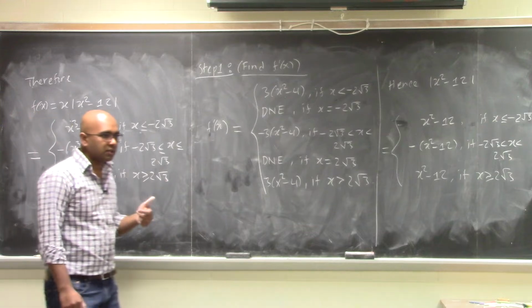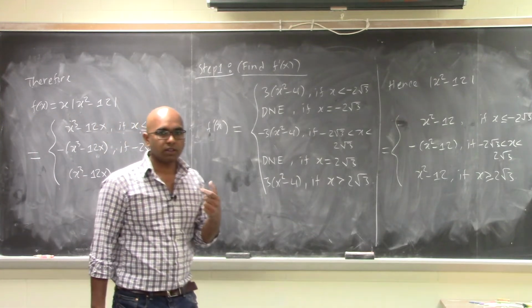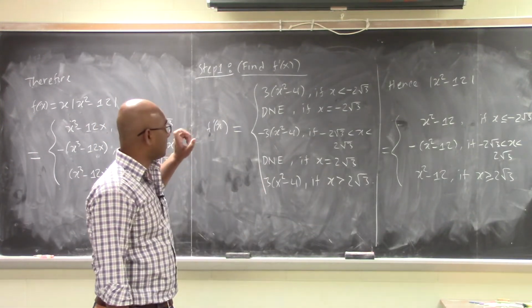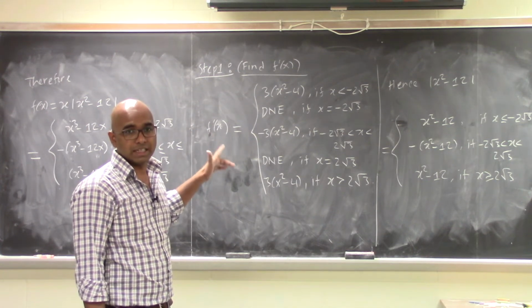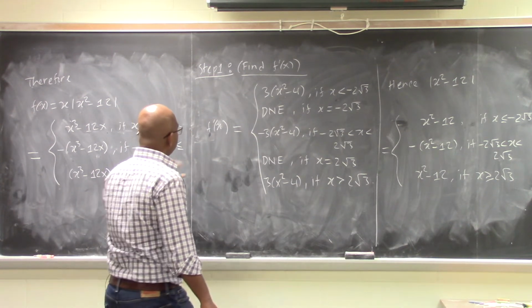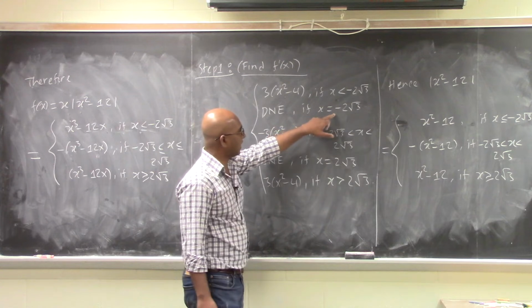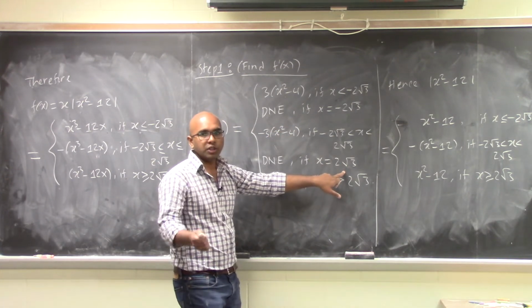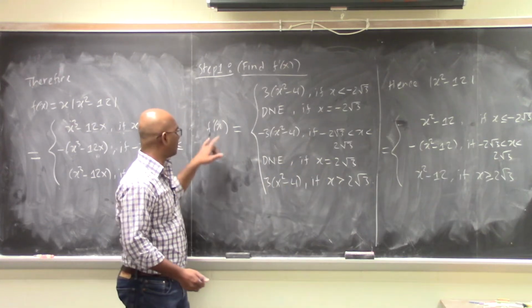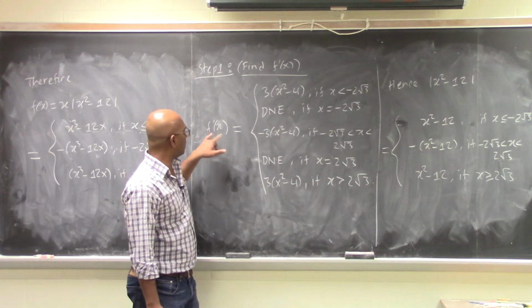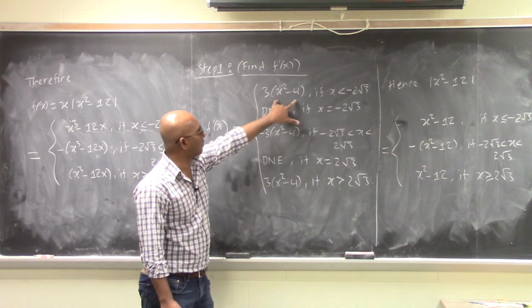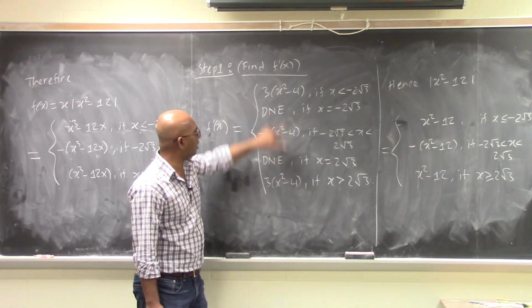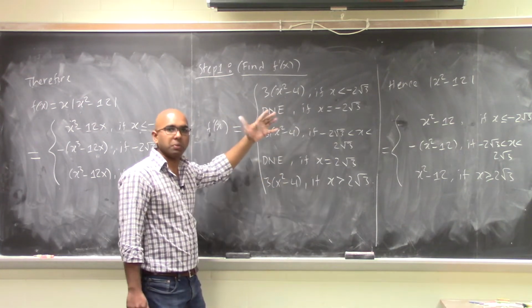So critical numbers, let me remind you, are those numbers where f prime of x is either 0 or does not exist. So immediately you get two critical numbers, right? Negative 2 root 3 and positive 2 root 3. Okay. And all you need to do is figure out when this derivative is 0, right? So notice this guy is 0 if 3 times x squared minus 4 is 0, because all of them are given by that plus or minus.